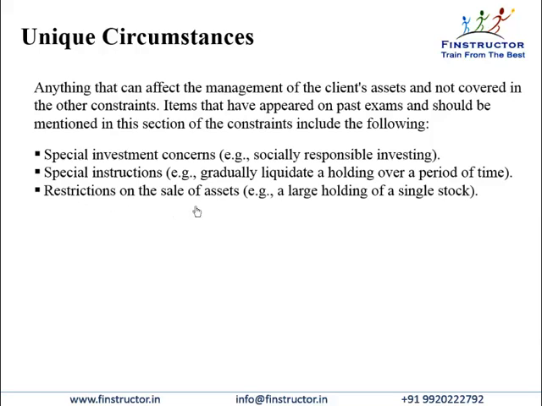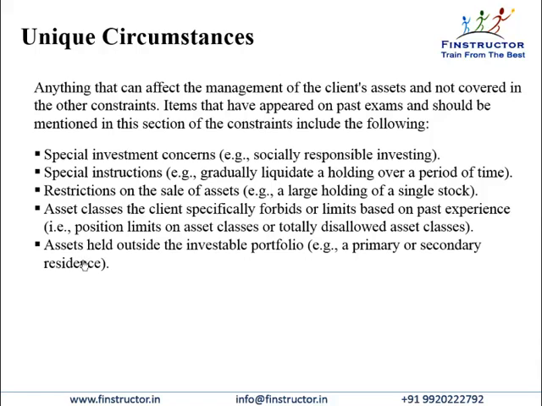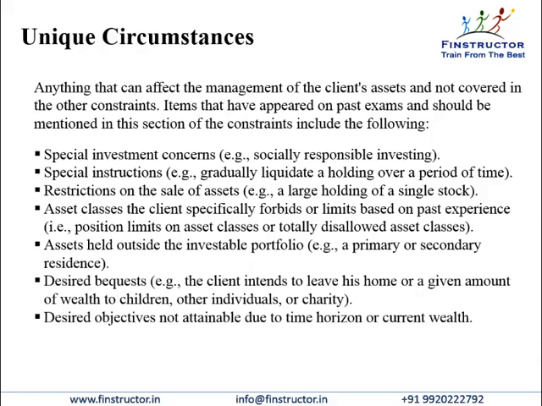Restrictions on the sale of assets, asset classes that the client has specifically forbidden. You may also want to mention any assets held outside the investable portfolio that you have not considered. For example, a primary residence, etc. Desired bequests that the client intends to leave for his children or other individuals or charity.